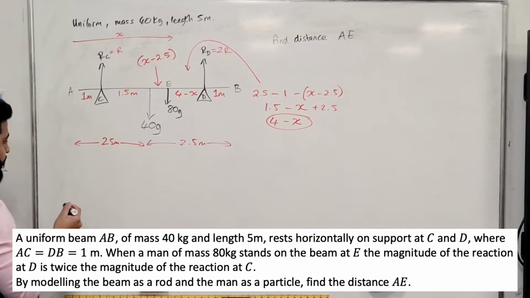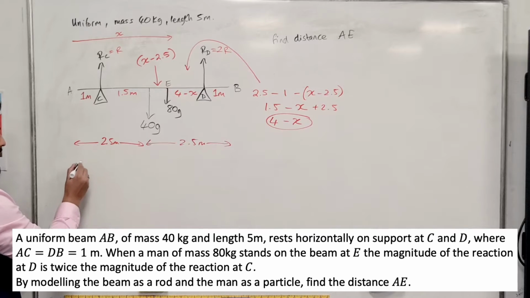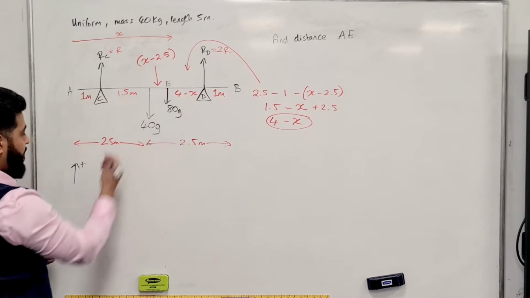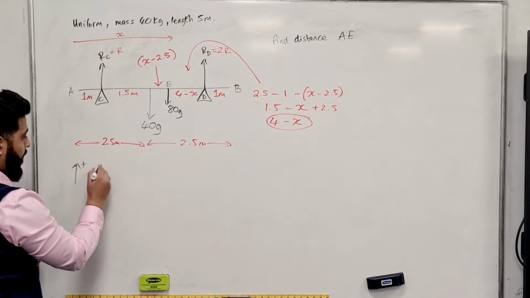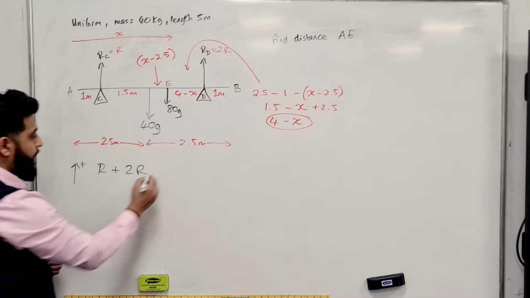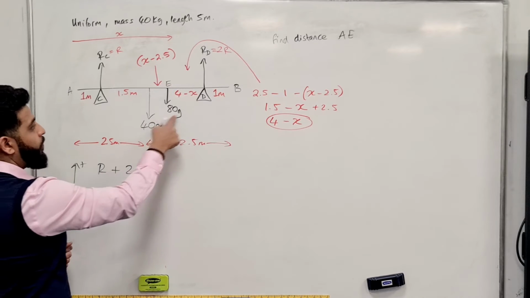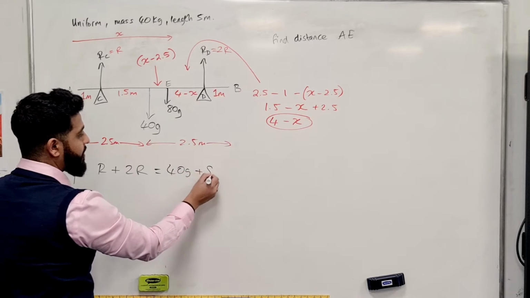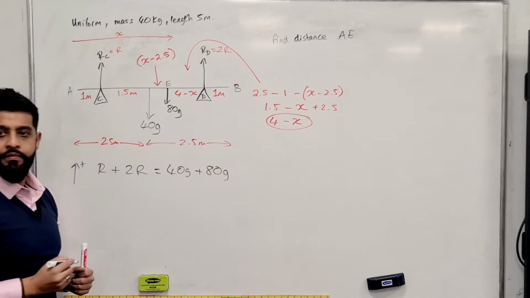So when we resolve, again, let's choose this way as positive. We've got R plus 2R going up, which is equal to all the forces going down, which is 40g plus 80g.